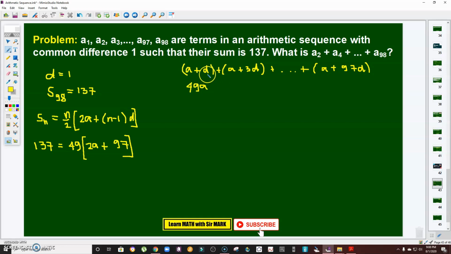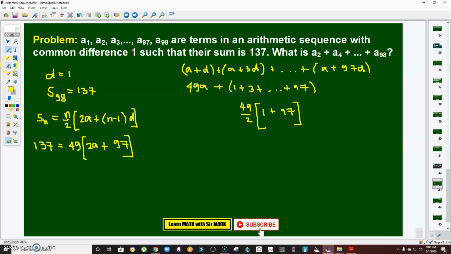Now, note that the common difference is 1, so it's just like you're adding 1 plus 3 plus 5 and so on up to 97. See that? Since, like the explanation earlier, the odd numbers 1 to 99 are 50 terms, but up to 97 only, so there are 49. So 49 over 2, times 1 plus 97, using the formula of arithmetic series.